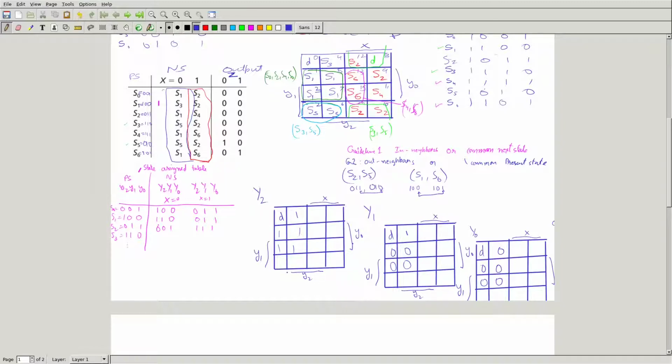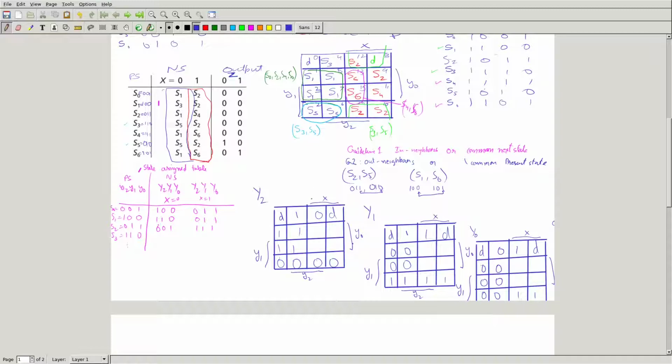S5 has the encoding of 0, 1, 0. Okay, and then we have encoding S2 of 0, 1, 1, 0, 1, 1, D, D, don't care, and we have 0, 1, 1.